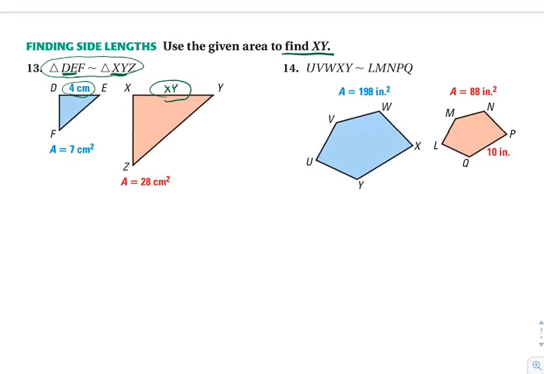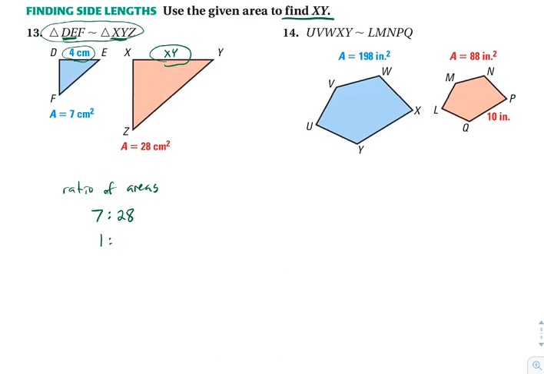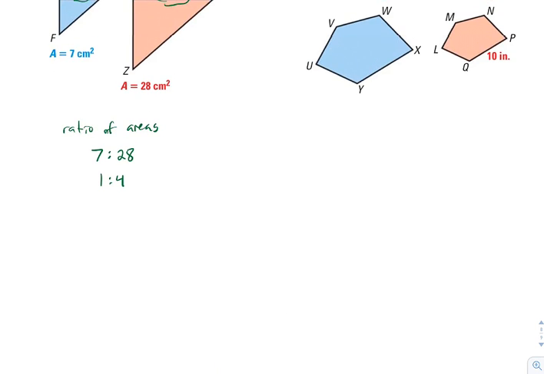So we know that the ratio of the areas is 7 to 28. But we could reduce that to 1 to 4. But we know that this is equal to the scale factor squared.